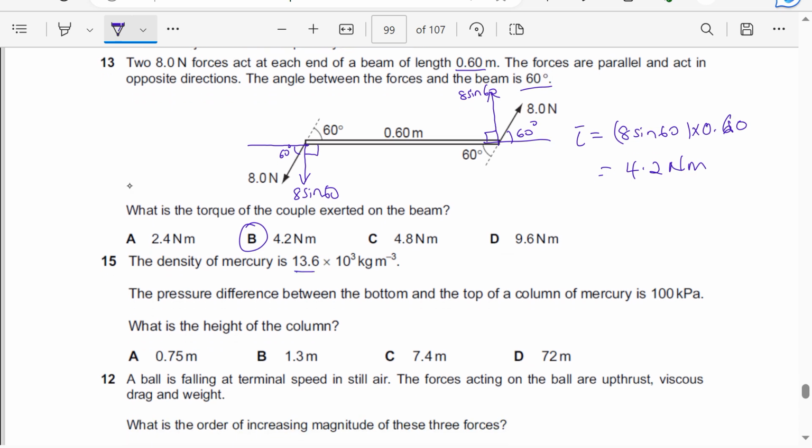The density of mercury is 13.6 times 10 power 3 kilograms per meter cubed. The pressure difference between the bottom and the top of a column of mercury is 100 kilopascals. What is the height of the column? So pressure is force over area, which is density times g times h. So h is going to be the pressure, which is 100,000, divided by g, which is 9.81, times the density, which is 13.6 times 10 power 3.